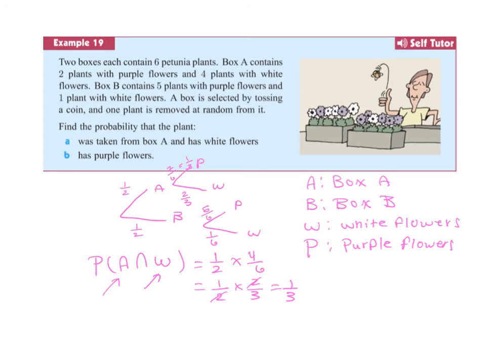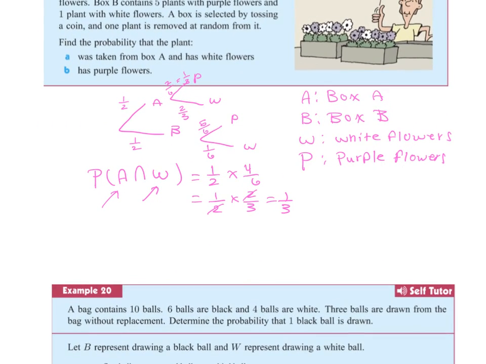Okay, has purple flowers. Well, this is a little bit more complex because I can get purple flowers from box A or box B. So there's "or" again, and "or" means addition. So if I get box A, then I can get purple flowers, or if I get box B, I can also get purple flowers. So let's try this probability.